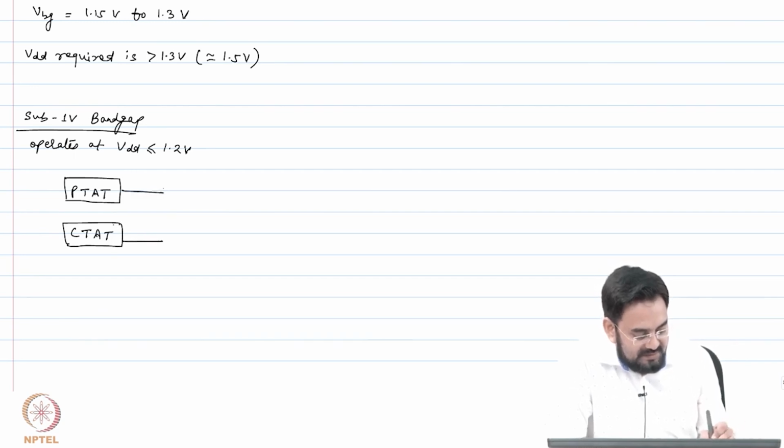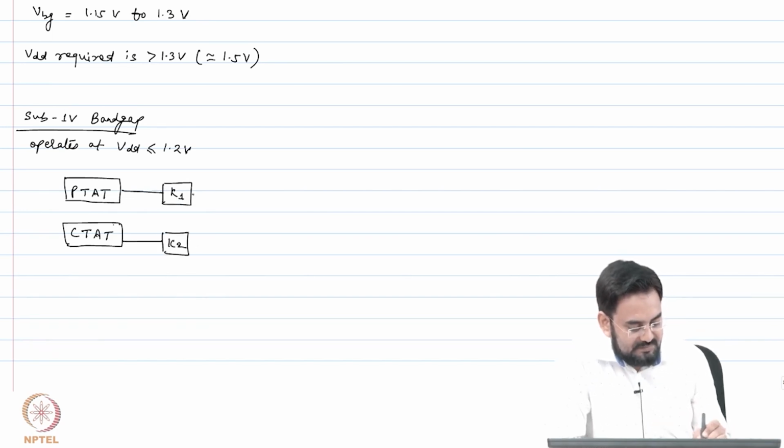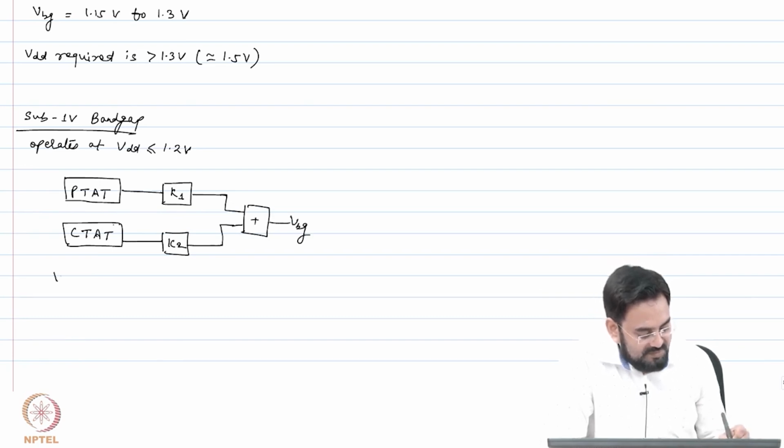Now, if I have a scaling factor here and then add the two, so what will be your VBG? K1 of VPTAT plus K2 of VCTAT.